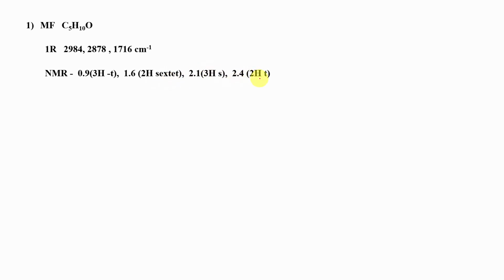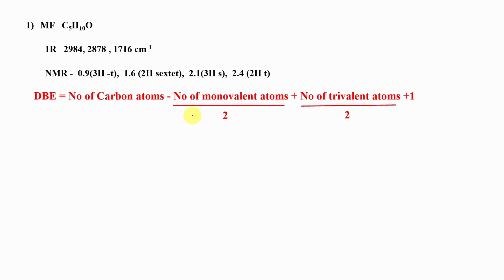In order to determine the structure of the molecule, first of all we have to calculate the DBE, the double bond equivalence. It can be calculated by using this equation: DBE is equal to number of carbon atoms minus number of monovalent atoms divided by 2 plus number of trivalent atoms divided by 2 plus 1.